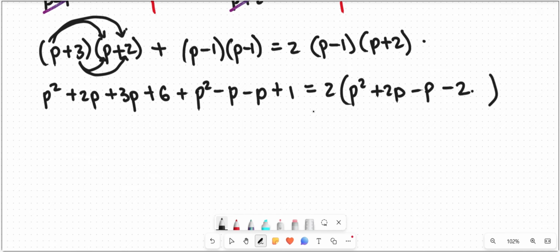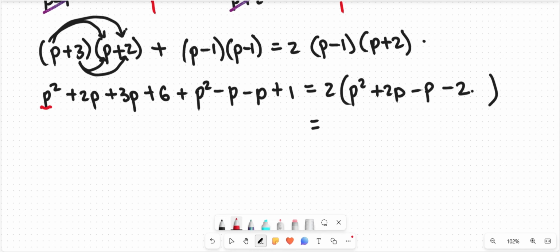Then in my next step, I want to distribute that 2. But before I do that, let me collect some like terms here. I have a P squared with a P squared there. Those add to give me a 2P squared. What else do I have? I have a 2P plus a 3P is a 5P. Minus a P minus a P is actually a minus 3P... Then a 6 with the 1 gives me a 7.